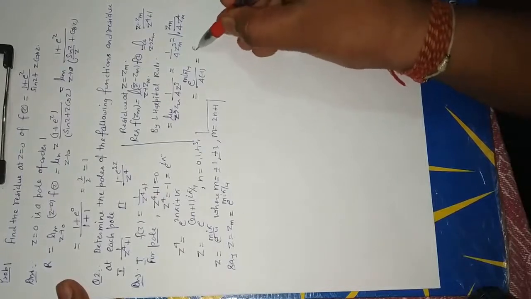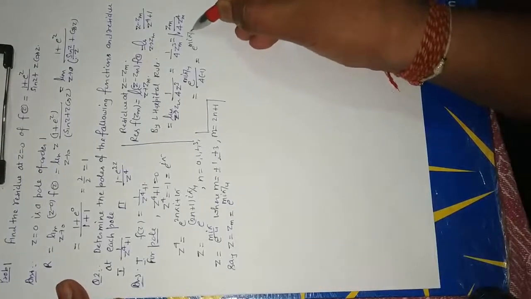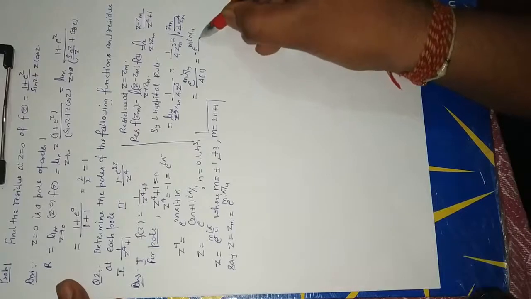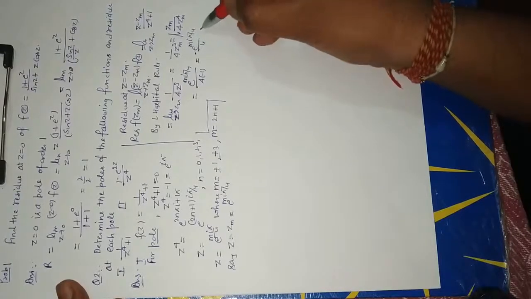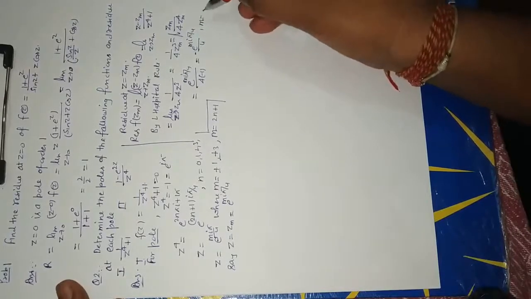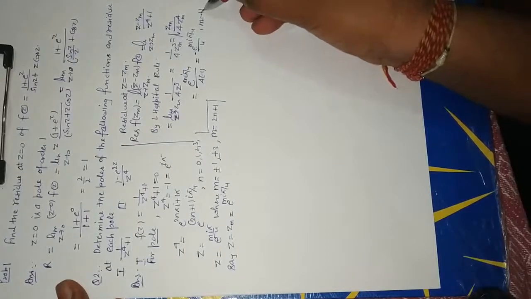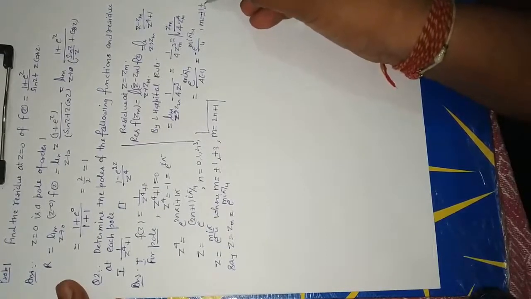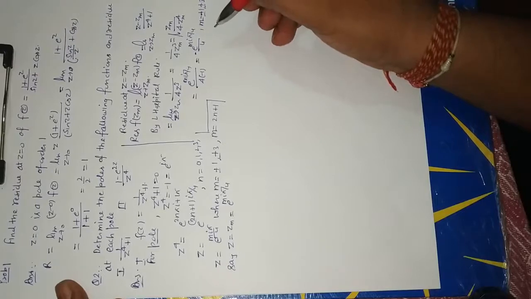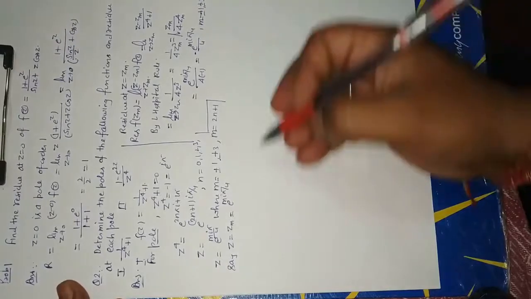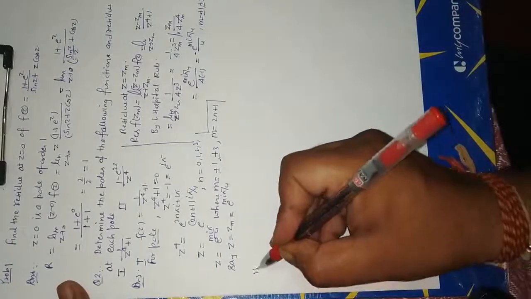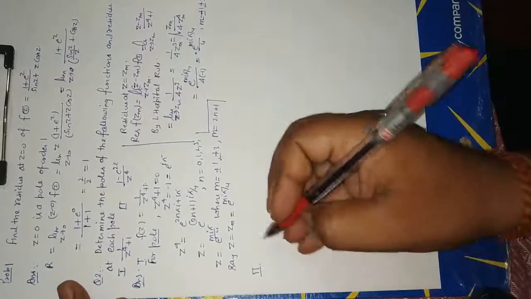This is equal to minus e to the power m i pi by 4 upon 4, where m is equal to plus minus 1, plus minus 3.